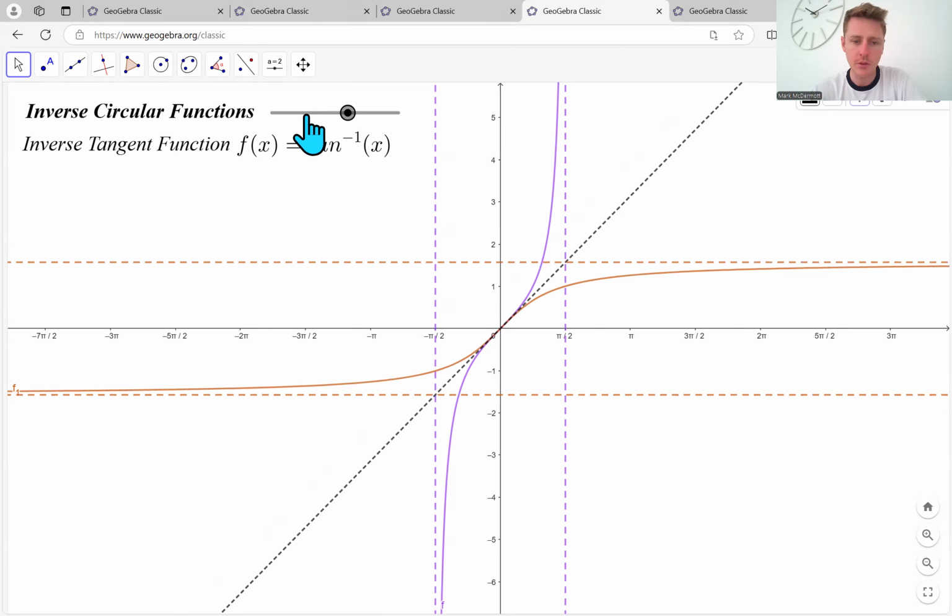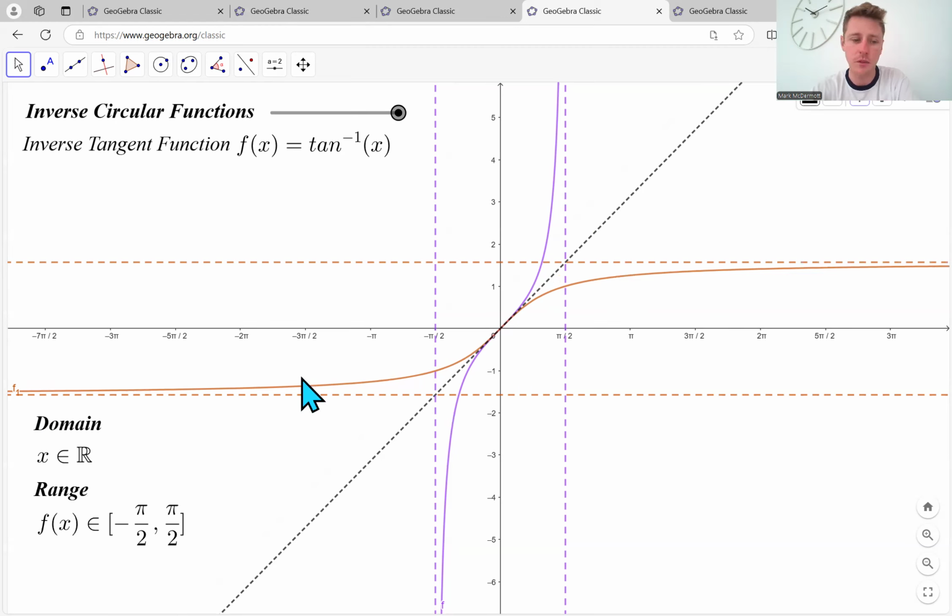And yeah, what we can do is talk about the domain. I think you would agree the domain, so remember thinking left to right, the domain of the inverse function is the domain of this brown line, which is all real numbers. There's no real number there that we cannot get. And the range, however, is from -pi/2, which is this horizontal asymptote now, up to +pi/2, which is this one here.